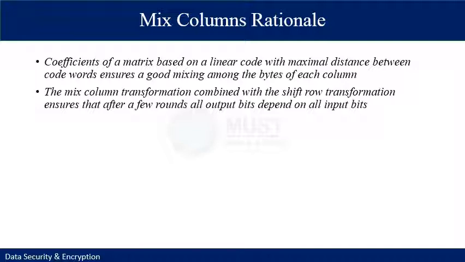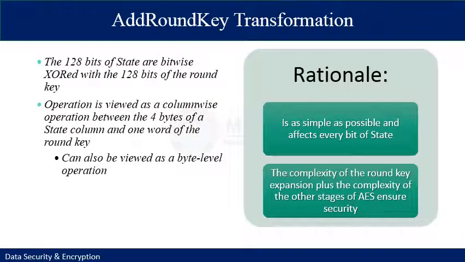The coefficients of the inverse mix column are more formidable to implement. So the fourth transformation is the add round key transformation, and it is also done in the forward and inverse direction. So the 128 bits of the state are bitwise XORed with the 128 bits of the round key.